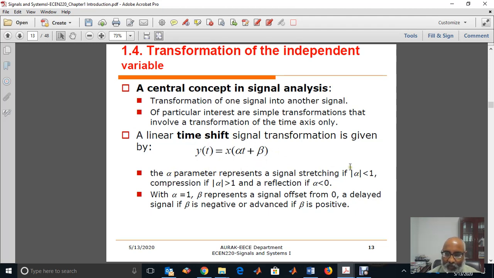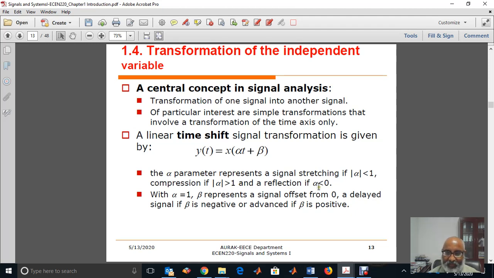If the absolute value of alpha is less than 1, then the signal will be stretched in time. That means, for example, if alpha is 0.5 here, then the duration of y of t will be twice the duration of x of t. So the signal will be stretched in time. If the absolute value of alpha is greater than 1, the signal will be compressed in time.